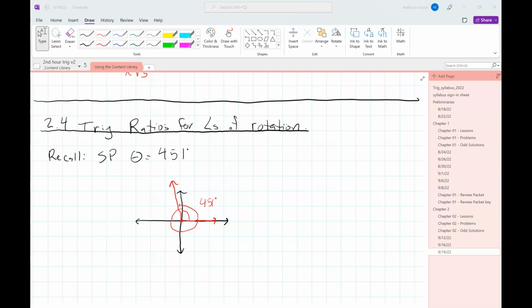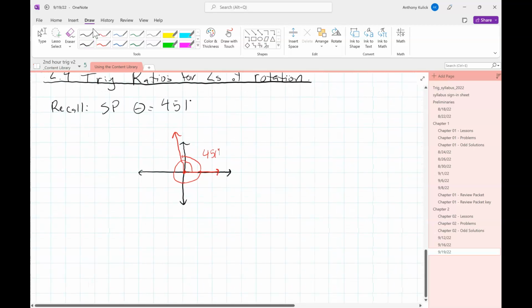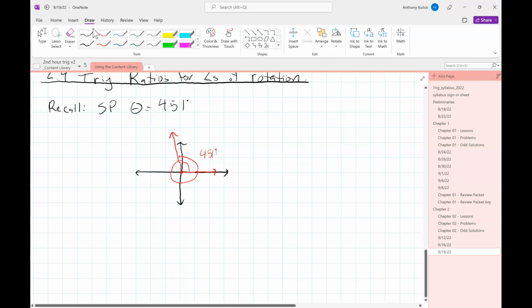So the next thing we're going to do now, we have this new way of representing angles, right?